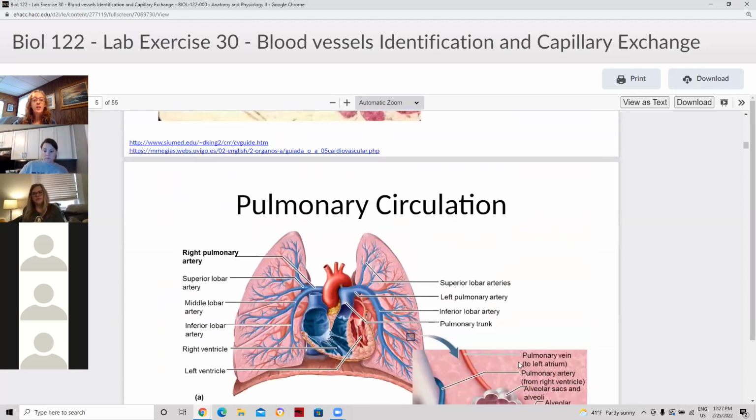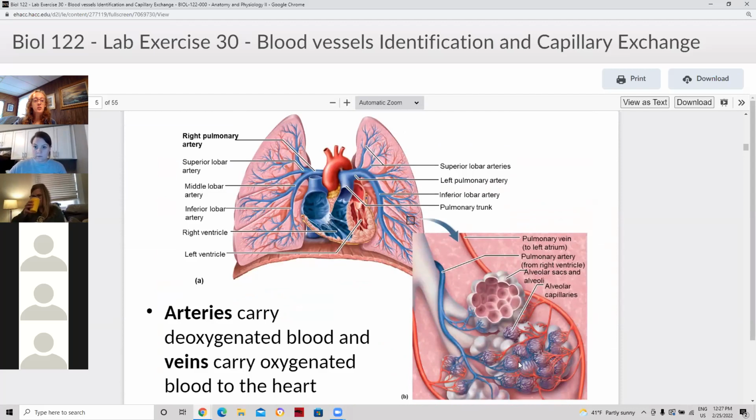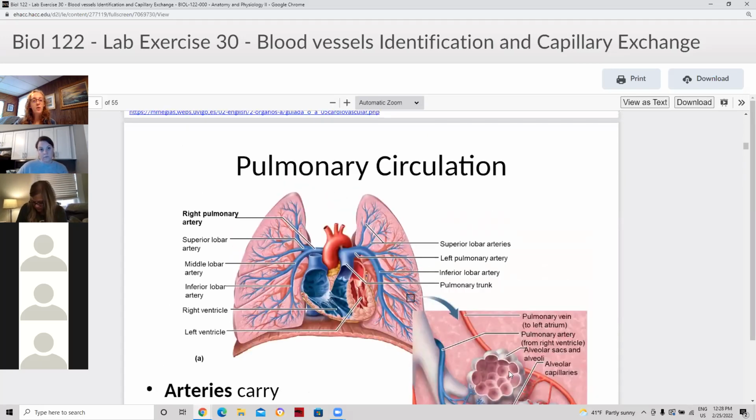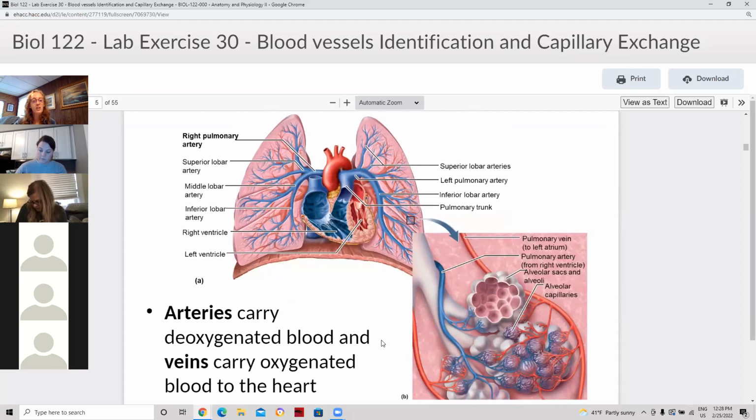So, differences between pulmonary circulation and systemic circulation. Remember, arteries are always carrying blood away from the heart. Veins are always bringing it back. So how does this make what we see in pulmonary circulation different?